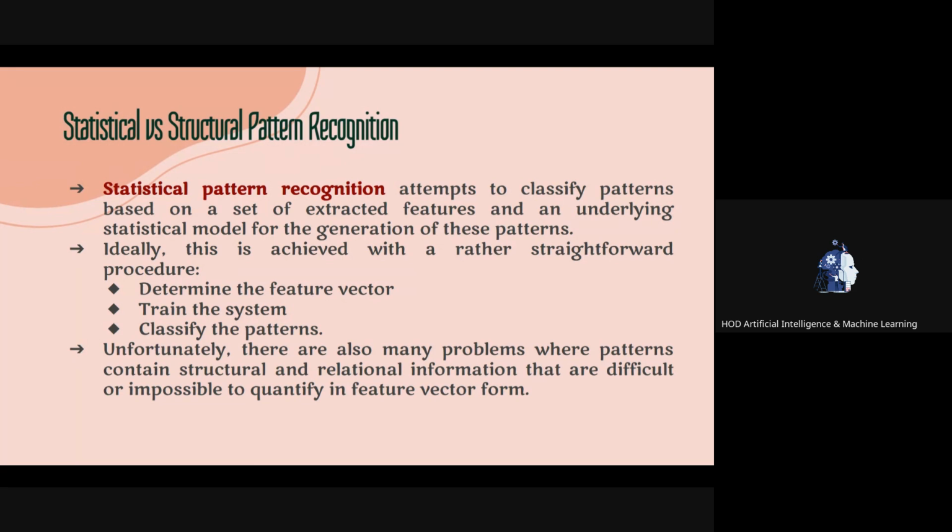There is no information about the structure of the fish. Here you cannot have a structure. That is why we are able to solve this fish problem using a statistical pattern recognition model. Why? Because all types of fishes have the same structure. Am I right? You take salmon, you take sea bass, or you take any other fish. It has a general structure, right?